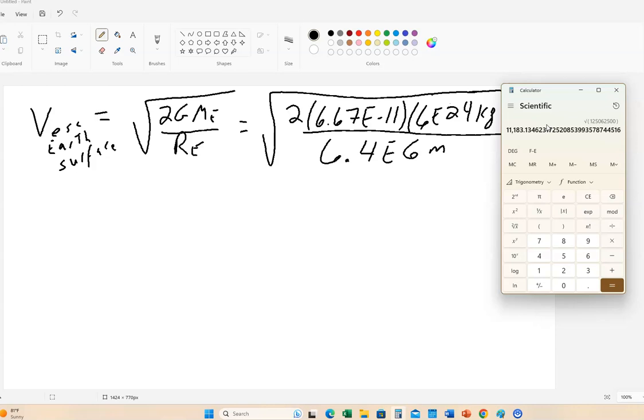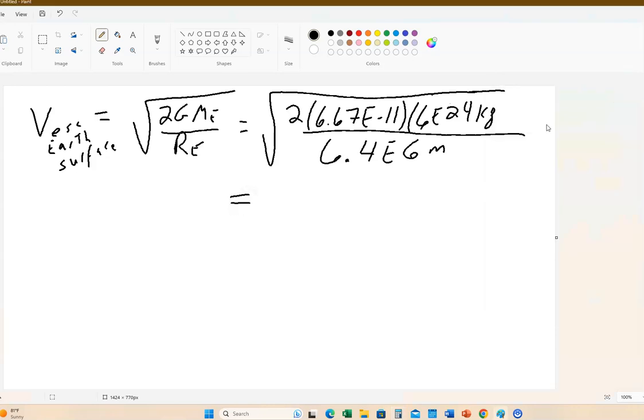So anyhow, here, let's write it down. 11,183. Okay, so this is 11,183 meters per second. And then, of course, we say, well, in 1 kilometer, there are 1,000 meters.